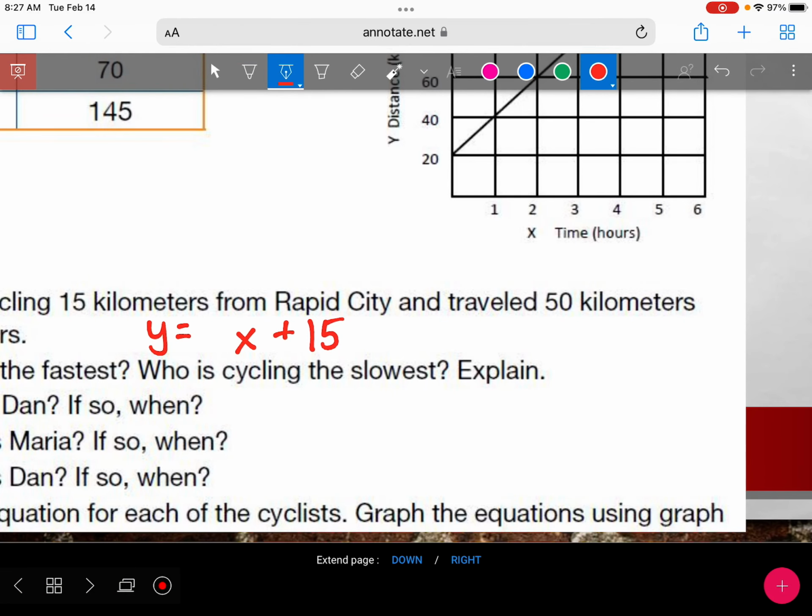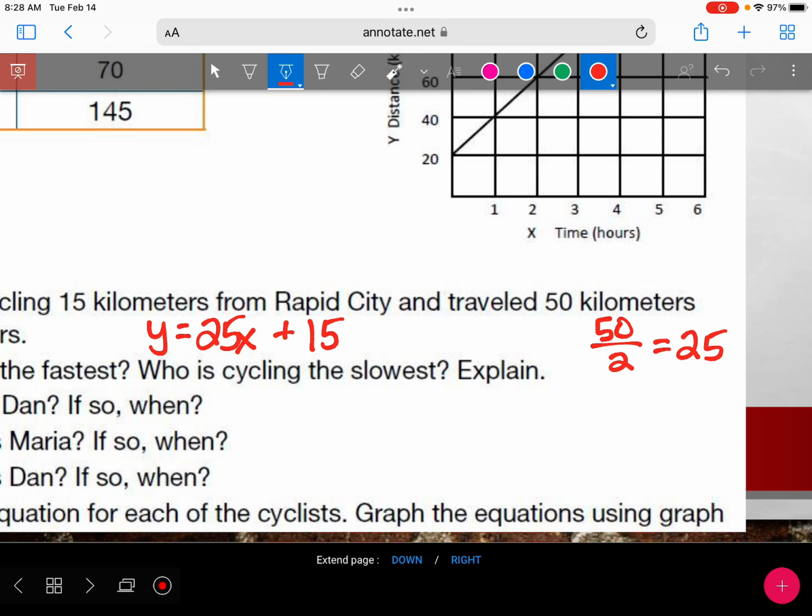If she traveled 50 kilometers in 2 hours, what can we do to find her slope? Her slope's going to be per 1 hour. And if we're given 50 in 2 hours, what can we do? Divide it. And what do you get for her slope? 25.